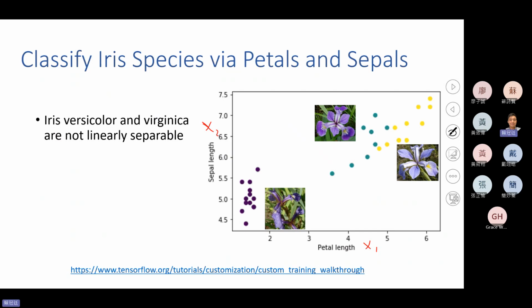So remember we have 4 features, but here we only use 2 of the 4 features. And then we can plot our samples on this plane. Then you can see that there are 3 categories: versicolor, virginica, and setosa.